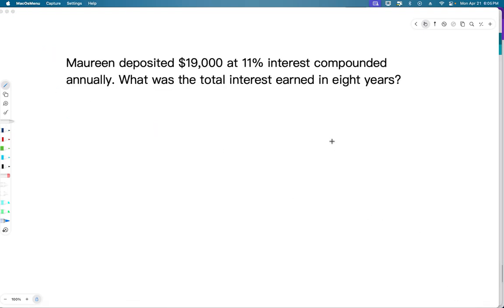All right, so this is the next problem. Maureen deposited $19,000 at 11% interest compounded annually. What was the total interest in 8 years? So the amount in 8 years is going to equal $19,000 times the rate of 1.11 to the 8th power.